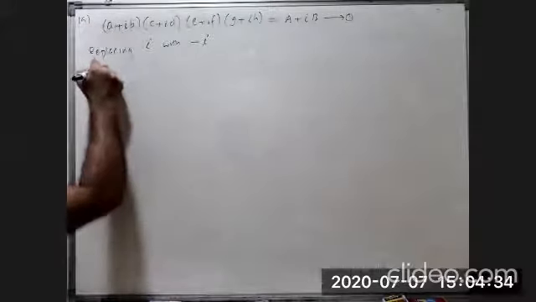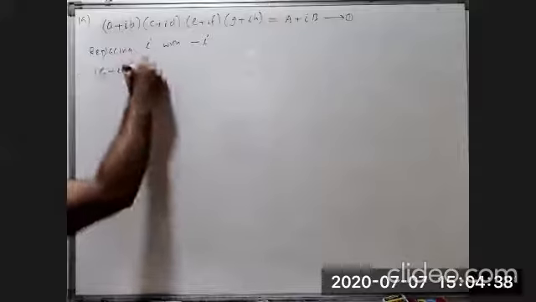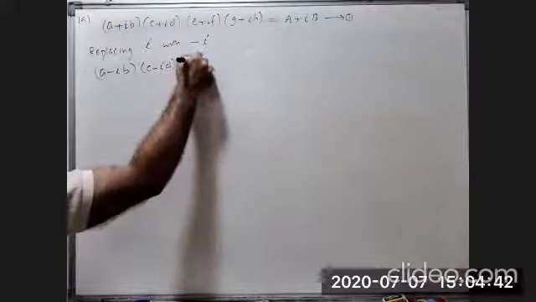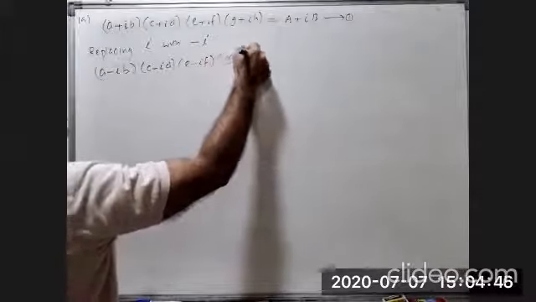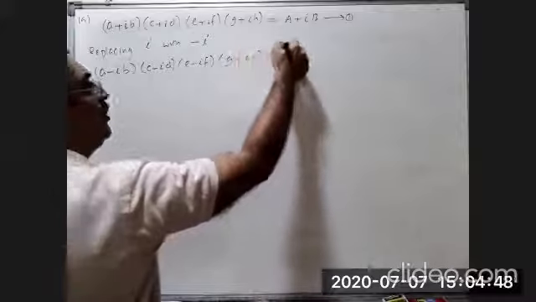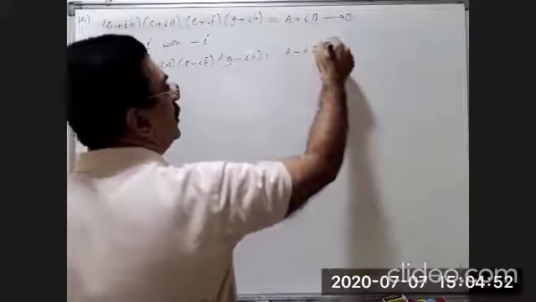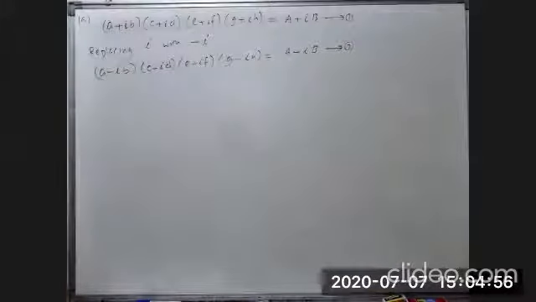So that means this is (a minus ib)(c minus id)(e minus if)(g minus ih), equal to, here also replacing i with minus i, A minus iB. That is equation number 2. We see this in such questions.